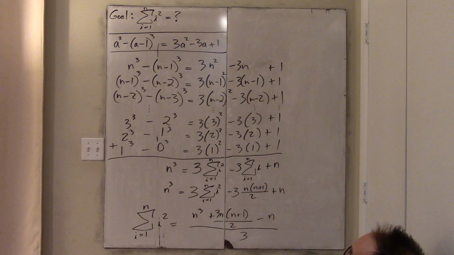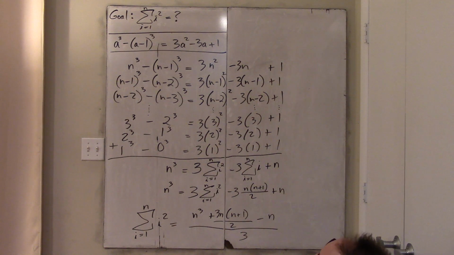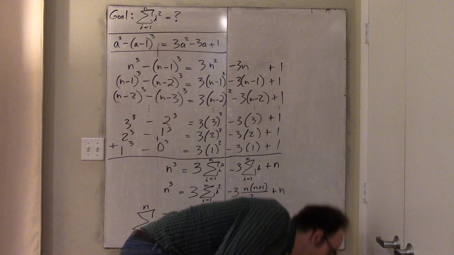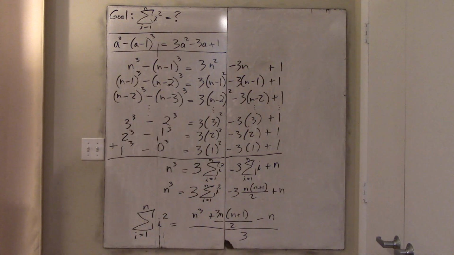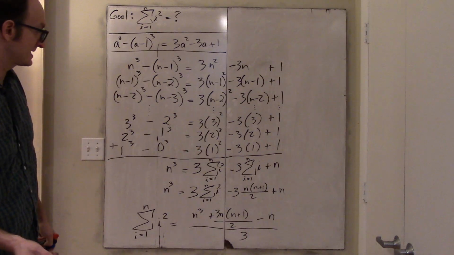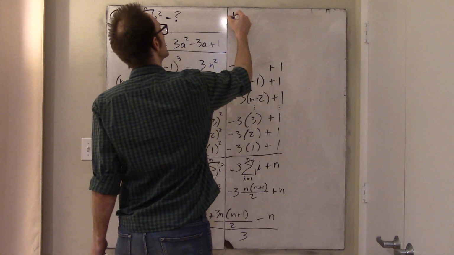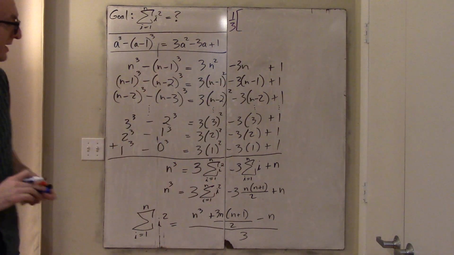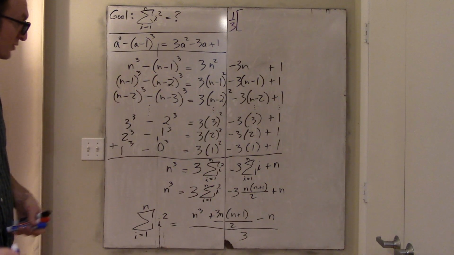Okay, so I've run out of space, so I will squeeze it in up there. What do I have? I have a third on the outside, and then what is that numerator? I should get a common denominator and multiply things out.